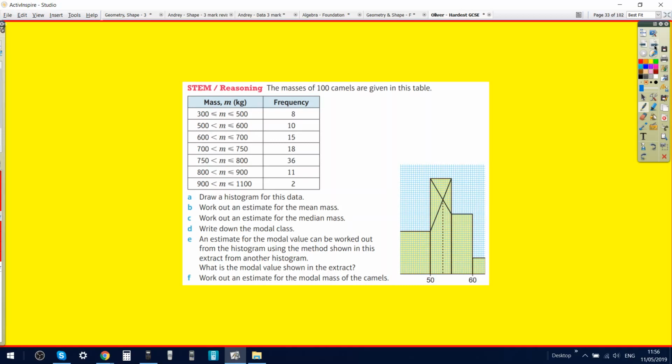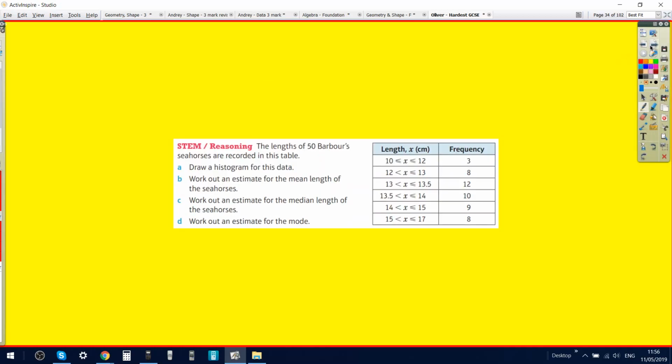What is the modal class for this one? The modal class would be 750 to 800. Yeah. That's it. Histogram, mean, median, mode.